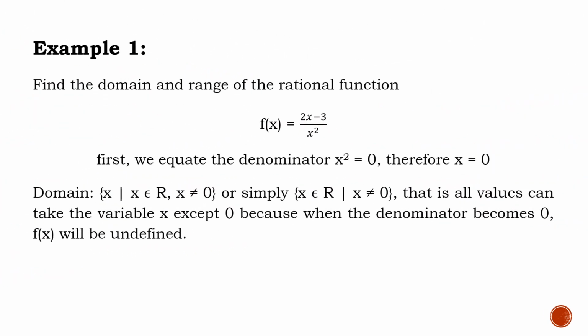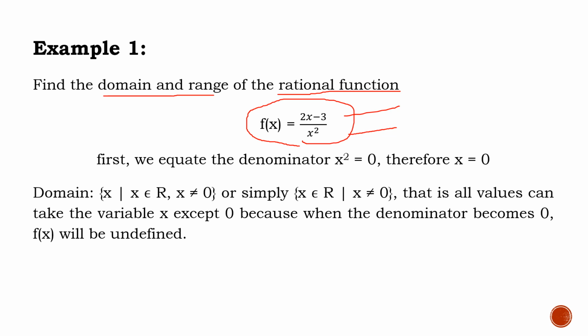So for example number 1, we're asked to find the domain and range of a rational function. First thing to do is to check if this is a rational function. So check your numerator and check your denominator. If they are both polynomials, then the given is a rational function.